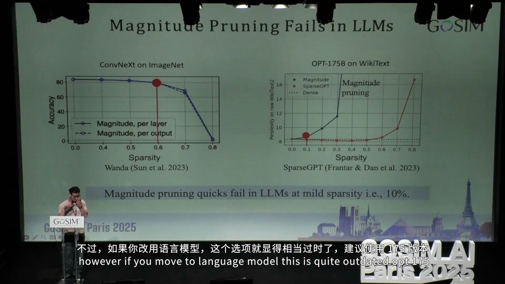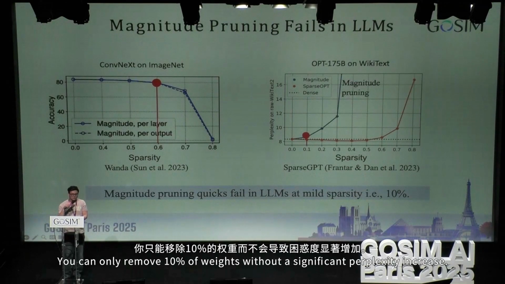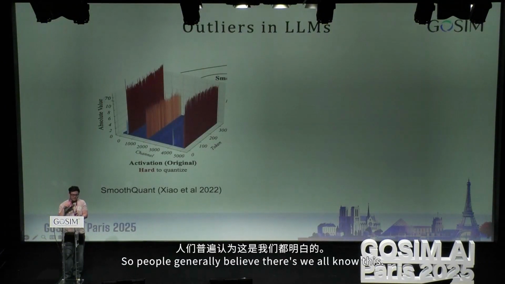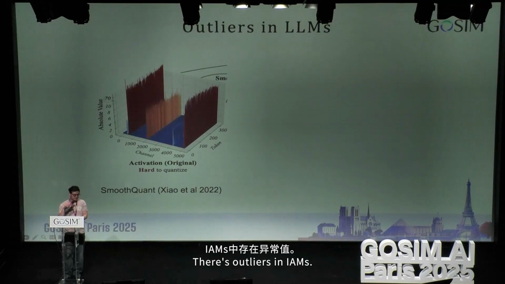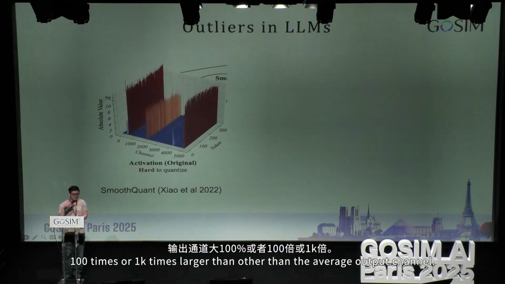However, if you move to language models, this is a quite outdated OPT-175B. With magnitude pruning, the blue line, you can only remove 10% of weights without significant perplexity increase. And what's the reason here? People generally believe, and we all know this, that there are outliers in LLMs, where the output of some channels is 100 times or 1K times larger than the average output channel.